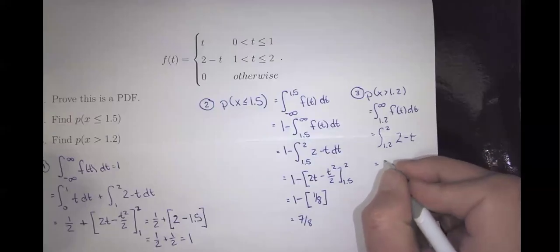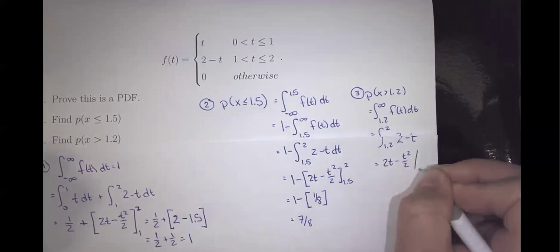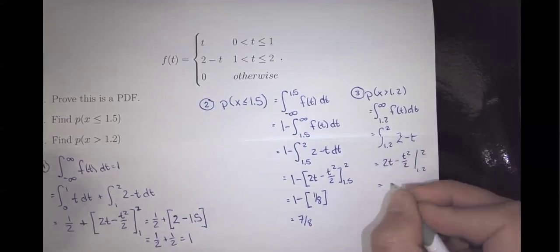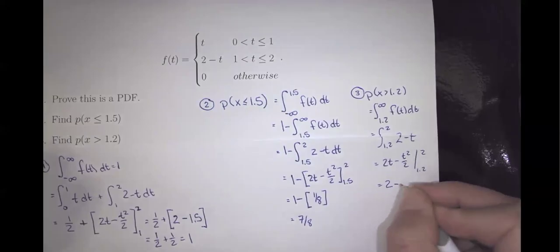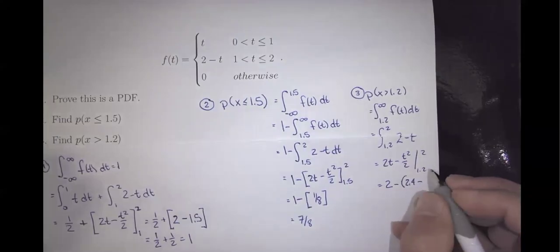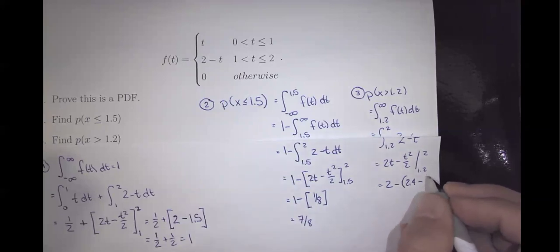Okay, so this is 2t minus t squared over 2, 1.2 to 2. When we plug in 2, of course, we've got 4 minus 2 is 2, minus 2 times 1.2 is 2.4. And 1.2 squared, it's 12 over 10, so it's 24 over 100.